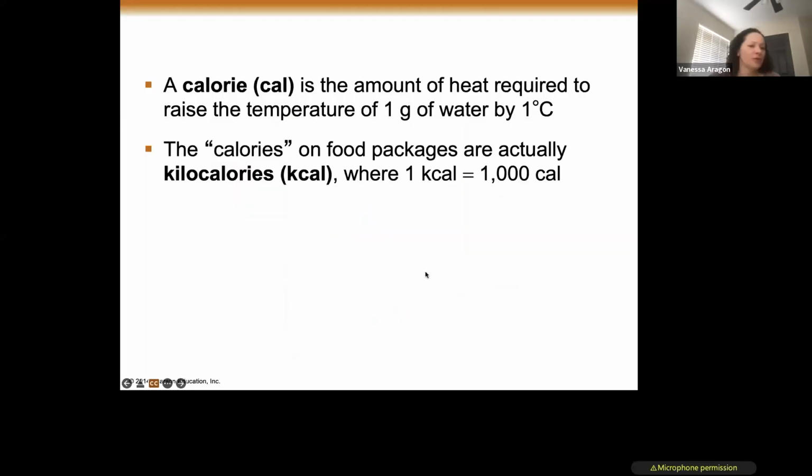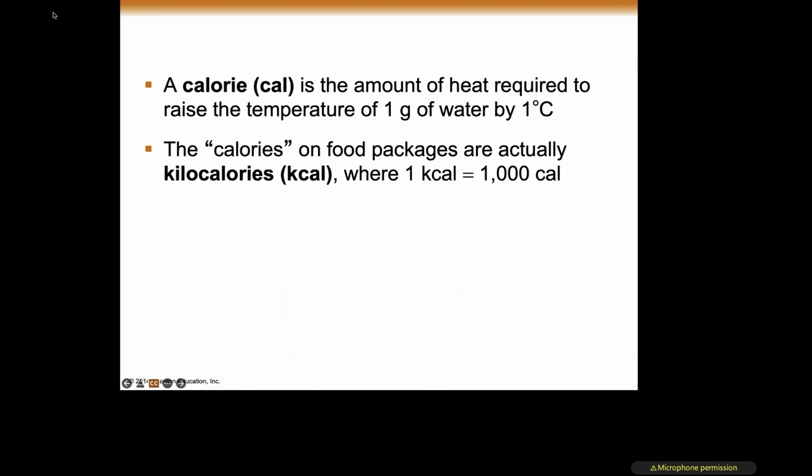All righty. So back to the calories. Whenever we look on packages and we see calories on packages, essentially what we're looking at is kilocalories, which means thousands of calories. So 1 kilocalorie equals 1,000 calories. If you look at a package of food, I actually do have something here.